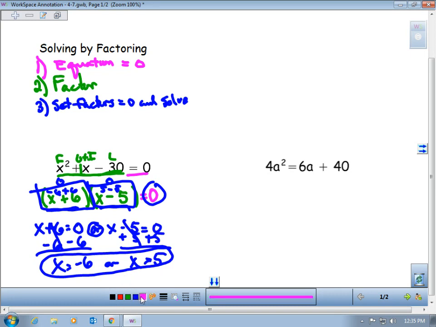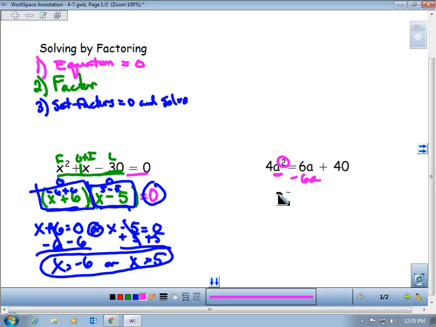So let's do the same thing here with the second equation. Notice this one's got to be set equal to 0. Now, something I think that will help you. I always look for my largest degree term, and I always like this to be positive. So as tempting as it is to just move this over here to this side to get it set equal to 0, I'm not going to do that.